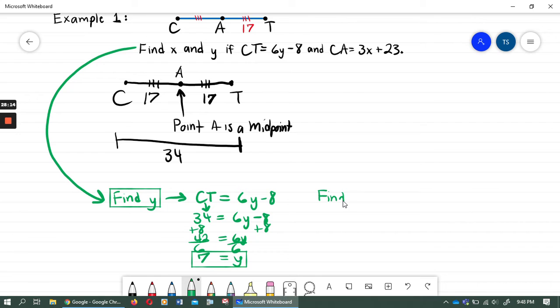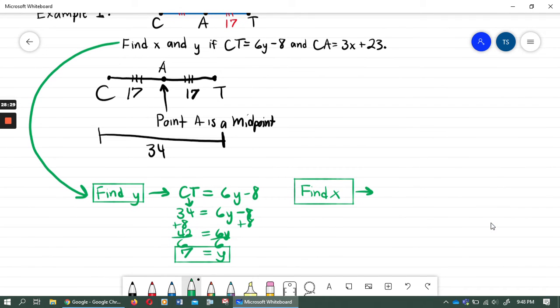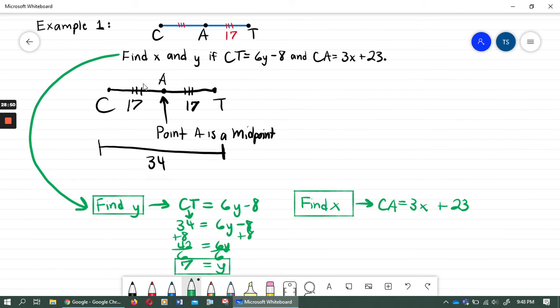Let's try that again. And let's find x. The variable expression that had x in it was the expression for CA, the length of segment CA. They told us the length of segment CA was 3x plus 23. We had already figured out that the length of segment CA had to be 17.